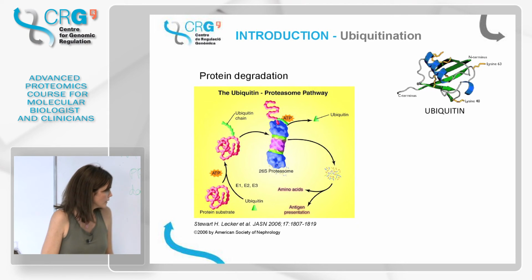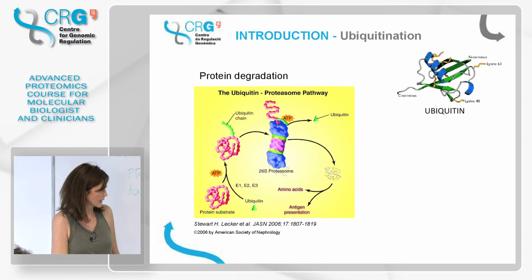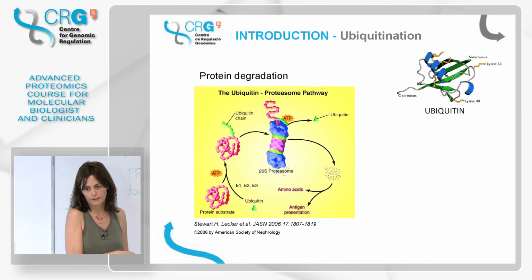A molecule of ubiquitin is conjugated to a protein thanks to these three ubiquitination enzymes. And different molecules of ubiquitin get attached one after the other, creating this chain that is recognized by the proteasome. So it's like ubiquitin is marking the protein that is ready to be degraded.